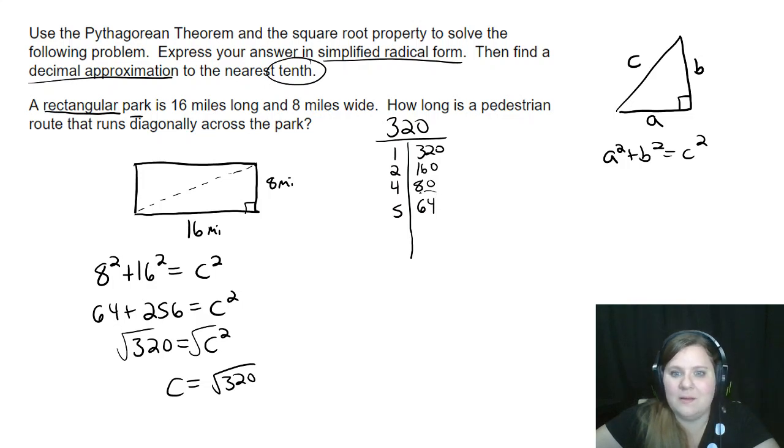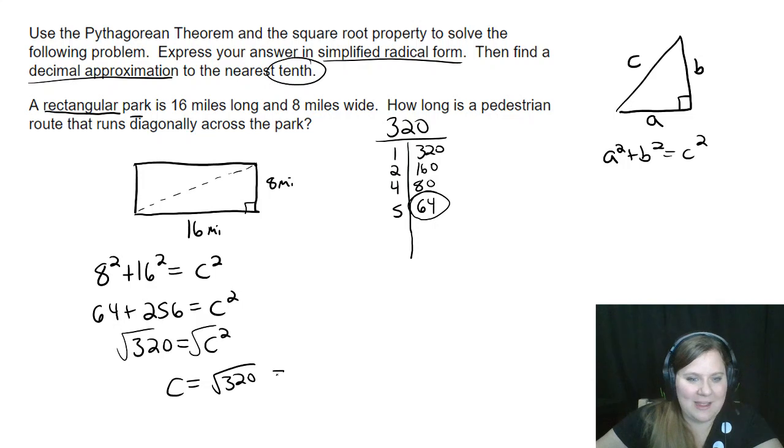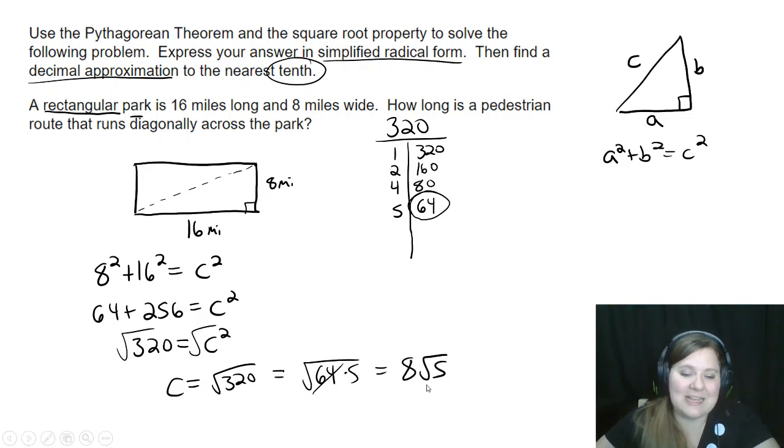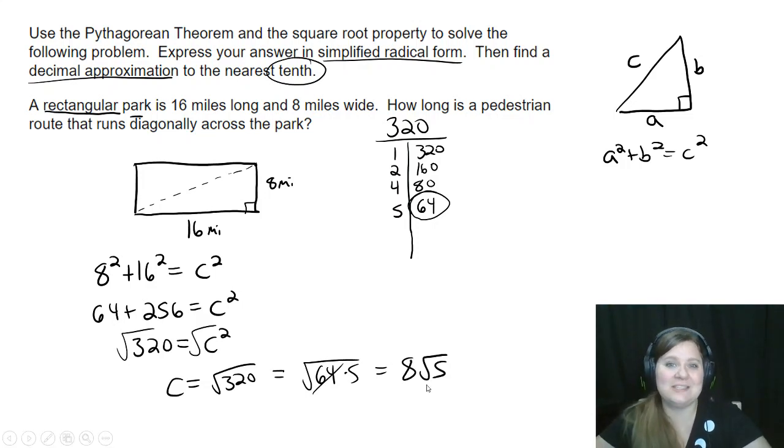And then I'm like, oh, that looks good. That is a big number. That's a perfect square, so I'm going to use that. So I have root 64 times 5. The square root of 64 is 8. So I get that c equals 8 root 5.